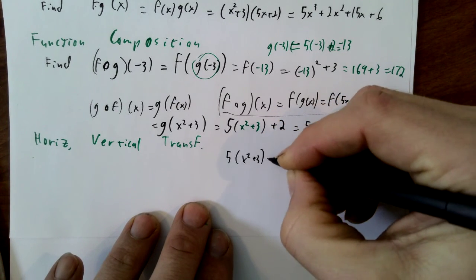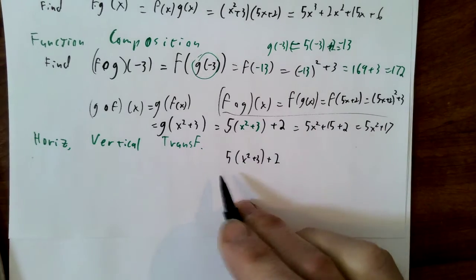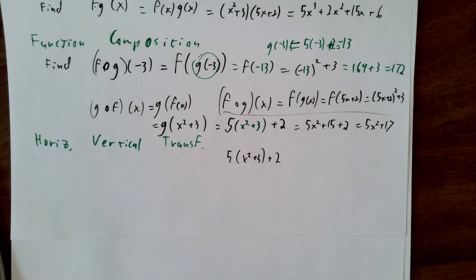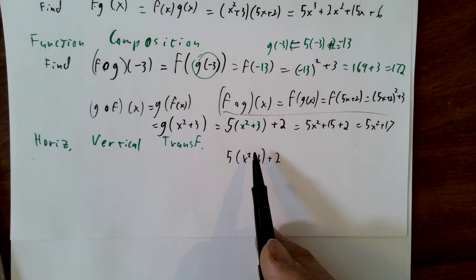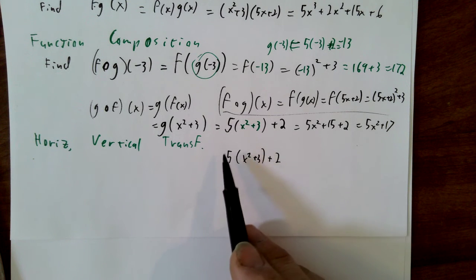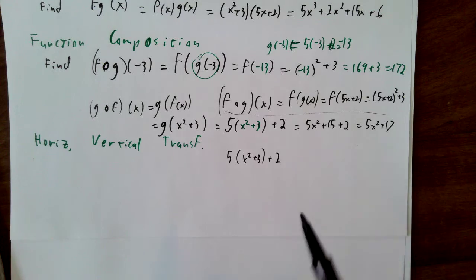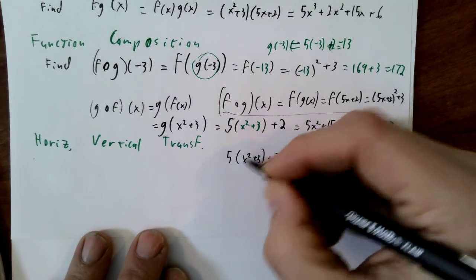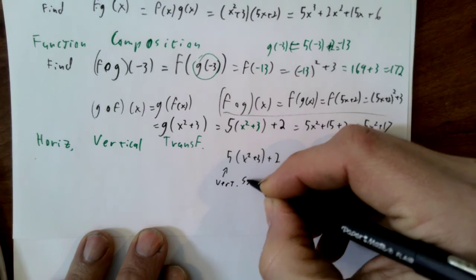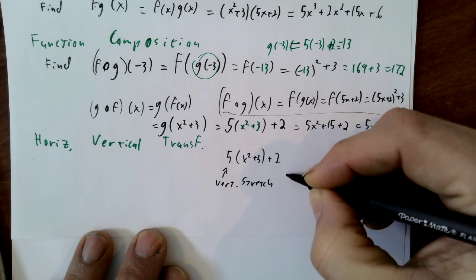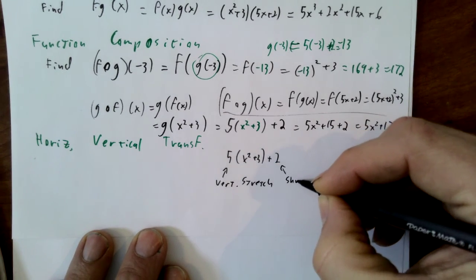If you take the graph of 5 times x squared plus 3, plus 2, the way I have it written here, this is taking an existing function and multiplying it by a 5. That's a vertical stretch. Multiplying the output by 5 is a vertical stretch. And then I'm going to shift it upward by 2.